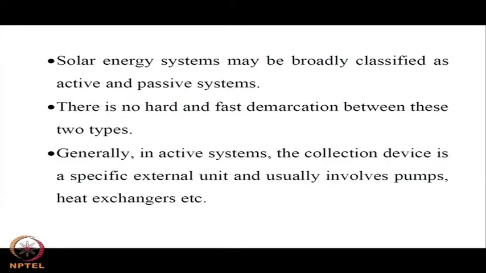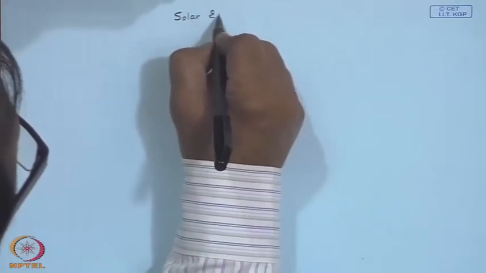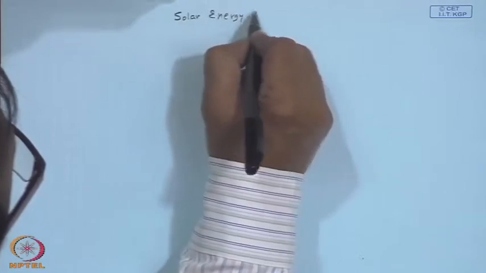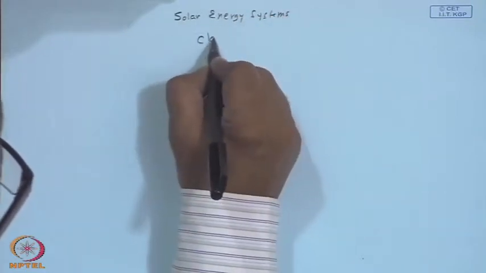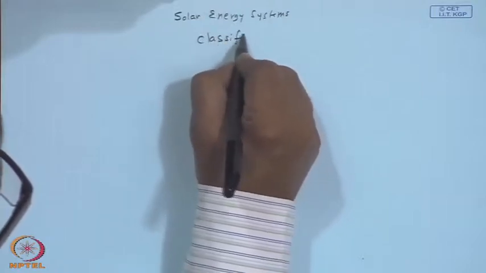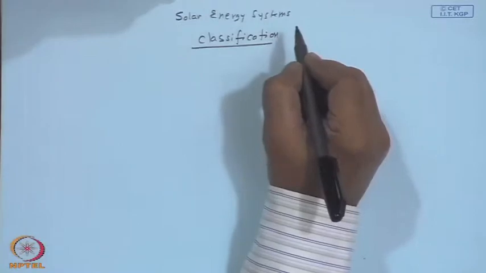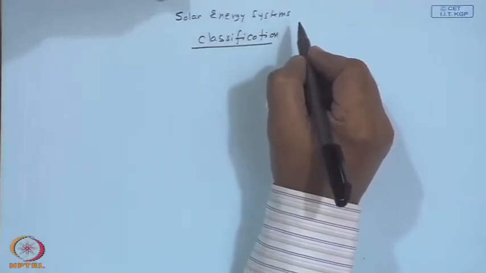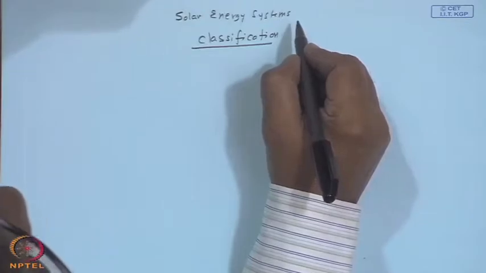Now, how do we classify these solar energy systems? Earlier I did not want to classify first and then go for it. We have a lot of radiation and optical properties processing, long term, short term.